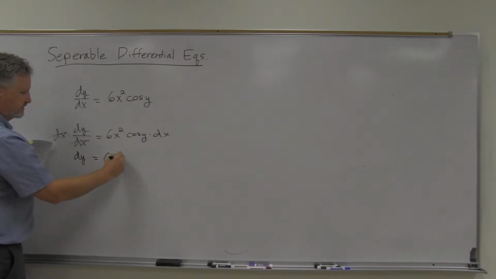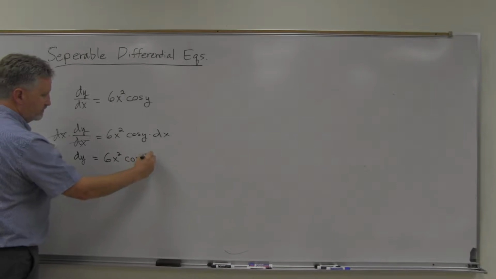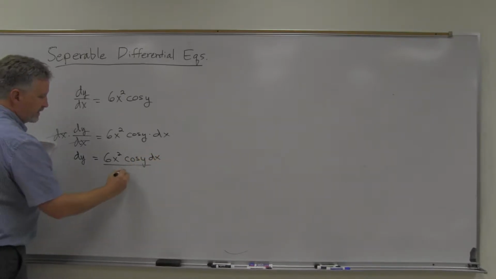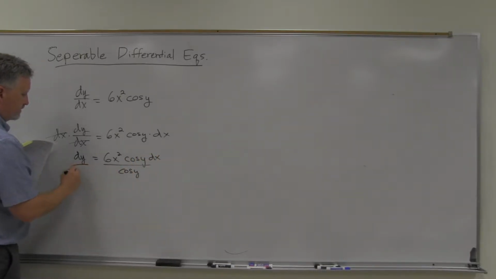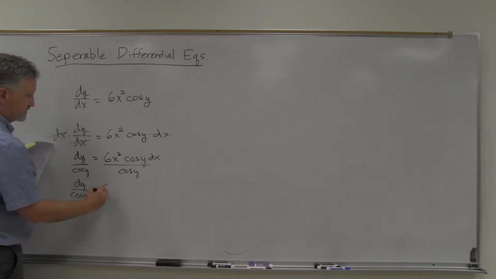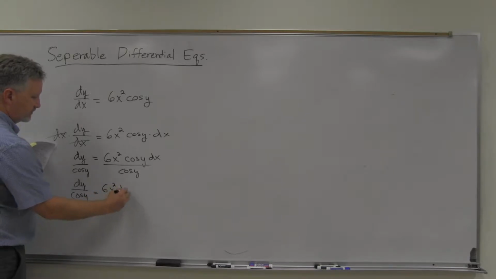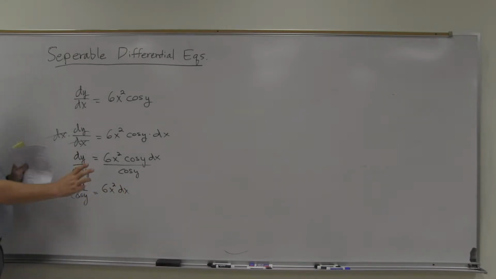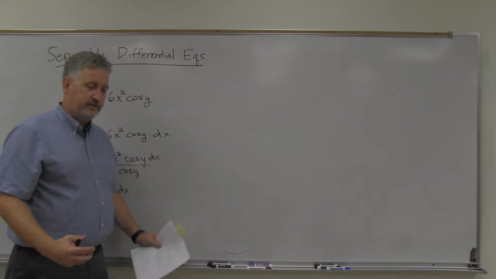I'll do it in 2 steps here, though you can do it all in one whack if you see it. Go ahead and divide both sides by cosine y. So I wind up with dy over cosine y equals 6x squared dx. I've separated the x's and the y's.